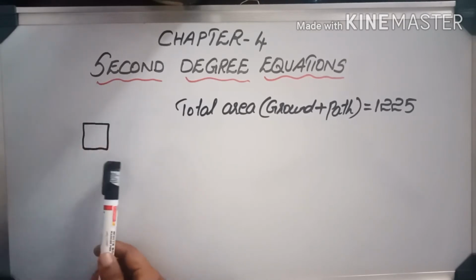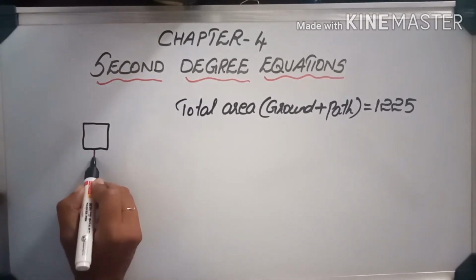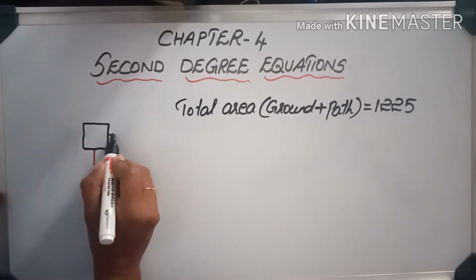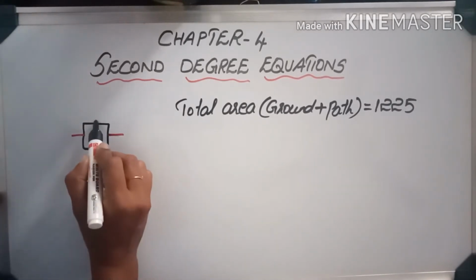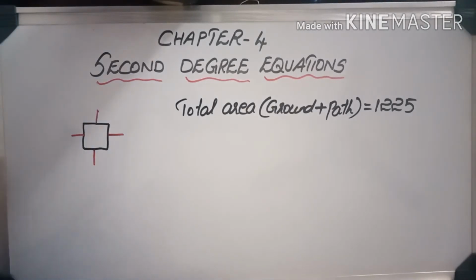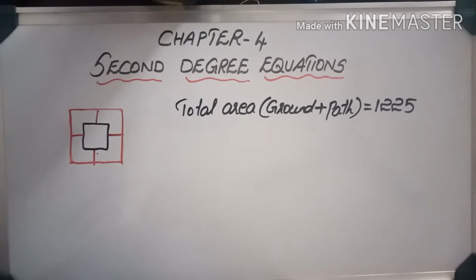To all the sides a 2-meter wide path is there. From here 2 meters, from here also 2 meters, from here 2 meters, from here also 2 meters. After joining this we will get another square like this.